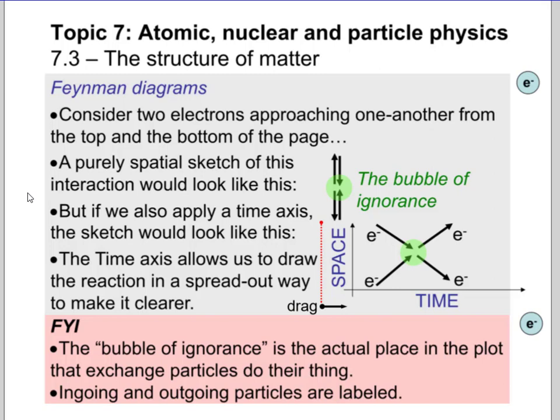So if we look at two electrons that are approaching each other, we know that because they have the same charge, when they approach each other, they're going to repel each other. And so it's that mechanism for why they repel that we're investigating. And in this case, that little mechanism is put in this little green circle here called the bubble of ignorance.